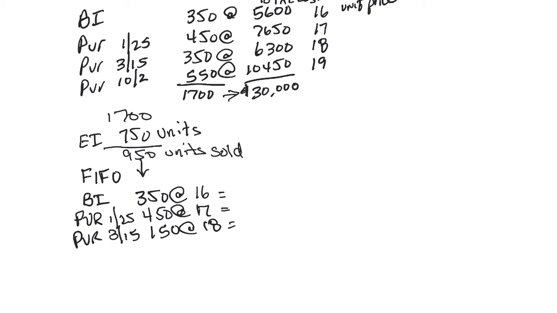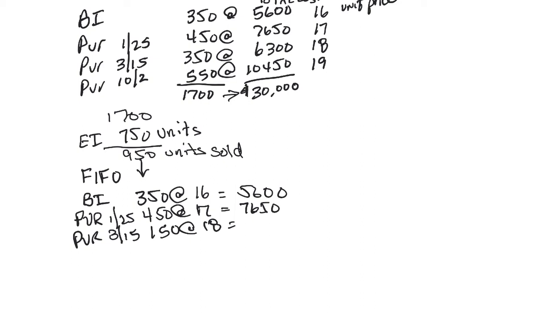So if I go and multiply those out, 350 times 16 gives me 5,600. 450 at 17 is 7,650.